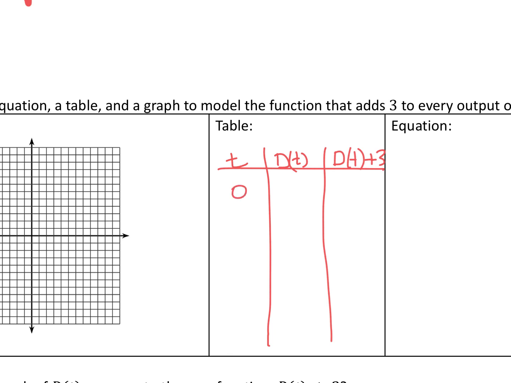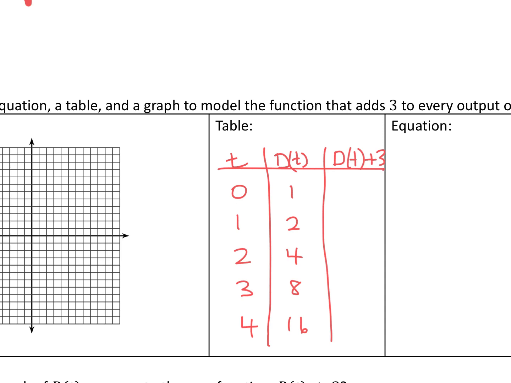So time 0, we've got 1. Okay, time 1, we've got 2. Time 2 is 4. Time 3 is 8. And day 4 is 16. So now we're going to add 3 each time and then graph it and see what it looks like.